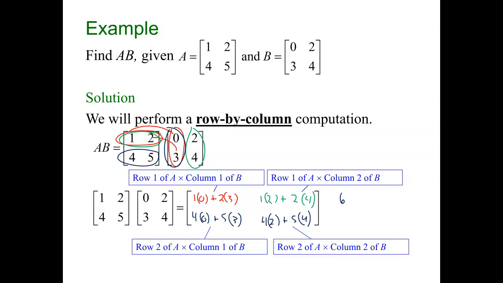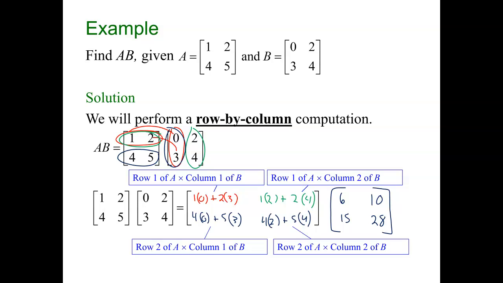Okay? 1 times 2, 2. 2 times 4, add them together. 4 times 0, 5 times 3, add them together. 4 times 2, 5 times 4, and then add them together. There's our product.